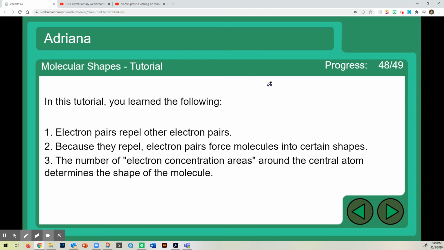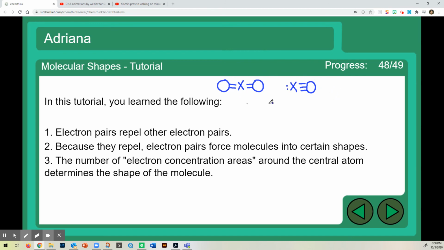If you have some atom, I'm just going to put atom X, that either has two double bonds on either side of it with some other atoms, I'm just going to draw a ball on this end. Or if you have a triple bond on one side, it might have a single bond over here, it might have a lone pair.